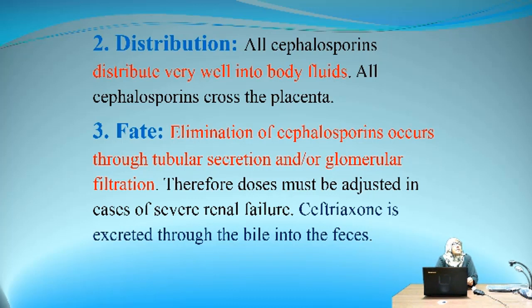Therefore, doses must be adjusted in patients with severe renal failure. Ceftriaxone is excreted through the bile into the feces. So cephalosporins are excreted through the renal route, while ceftriaxone is excreted through the bile into the feces.